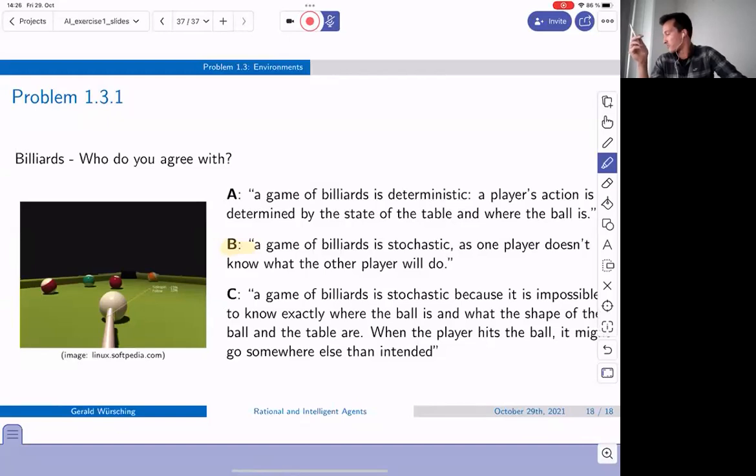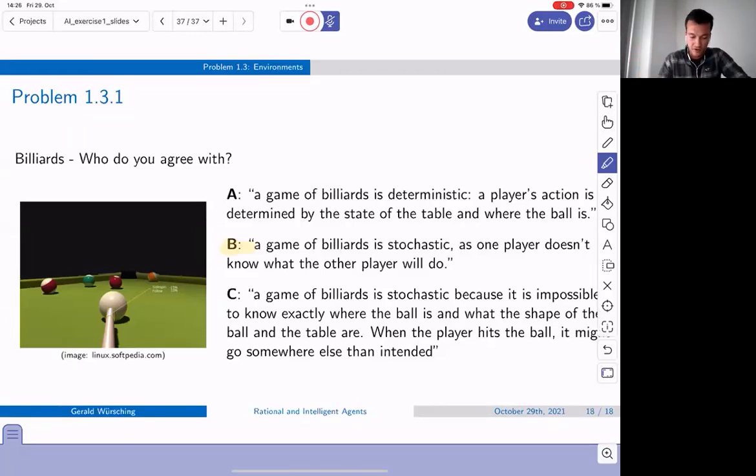As we already discussed in the lecture once, we also had this example of chess. If we have chess as a multi-agent environment, then it's deterministic, so it's not necessarily stochastic. If, on the other hand, we regard the other player as part of the environment, then the environment is stochastic, because it can basically change and you don't know exactly what's going to happen. So there's no determinism anymore.